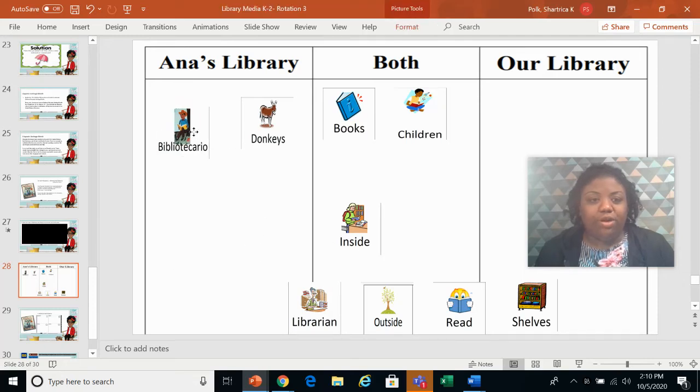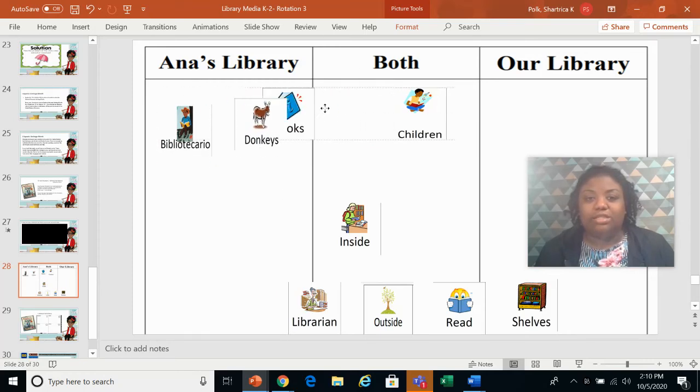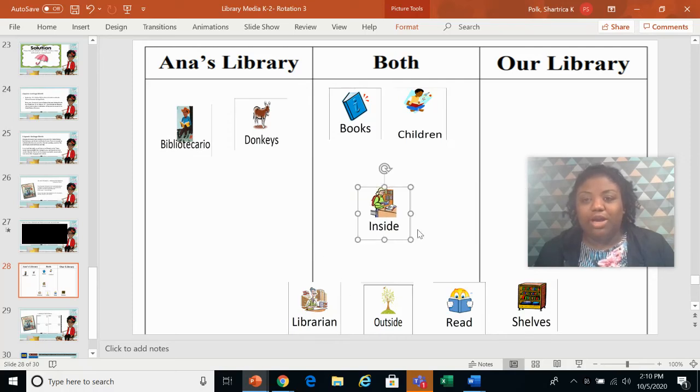Okay, we have the Bibliotecario. That's Anna's library. We have donkeys. Donkeys is Anna's library. Books, Anna's library and our library, so we put it under both. You have children, Anna's library and our library, so we put it under both. Inside. Which library is inside? That's right, our library.